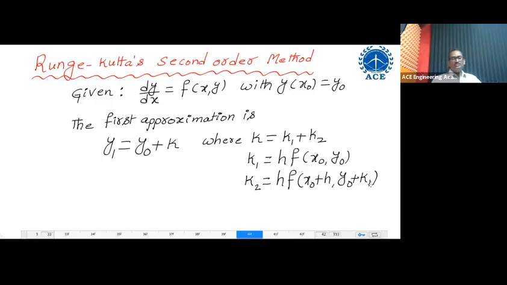So we can conclude that Runge-Kutta's second order method agrees with the Taylor series up to second derivative. Means Runge-Kutta method problems can also be solved using Taylor series up to second derivative, but we should not solve that way in the exam. Almost the same answer, not 100% the same answer.